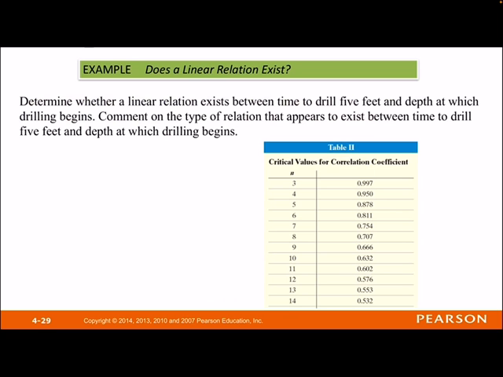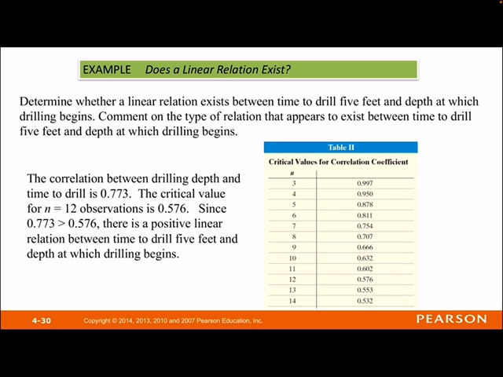So if we want to determine whether a linear relationship exists between the drill time to drill the 5 feet and the depth at which drilling begins, and comment on the type of relationship that exists, we're going to use that information from the last slide. The correlation coefficient was 0.773 rounded to the nearest thousandth, and the critical value for N is 0.576.